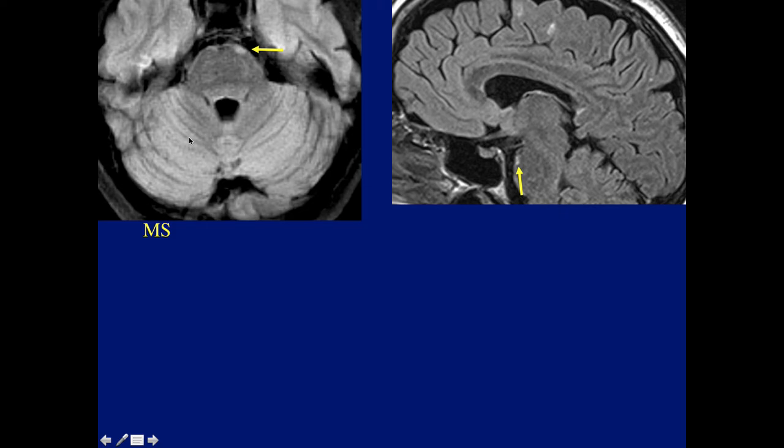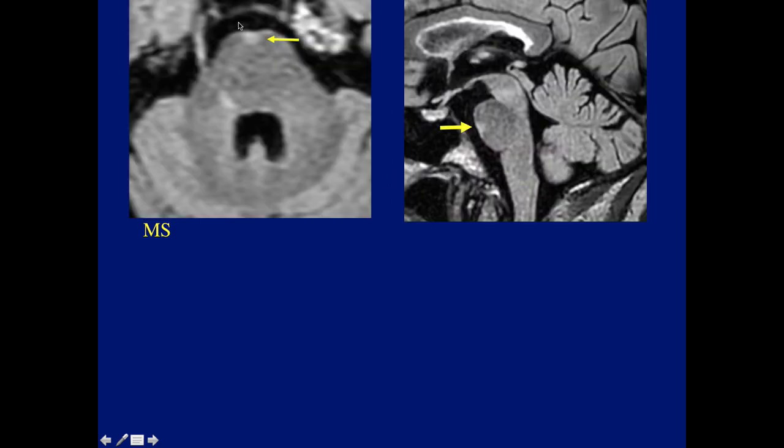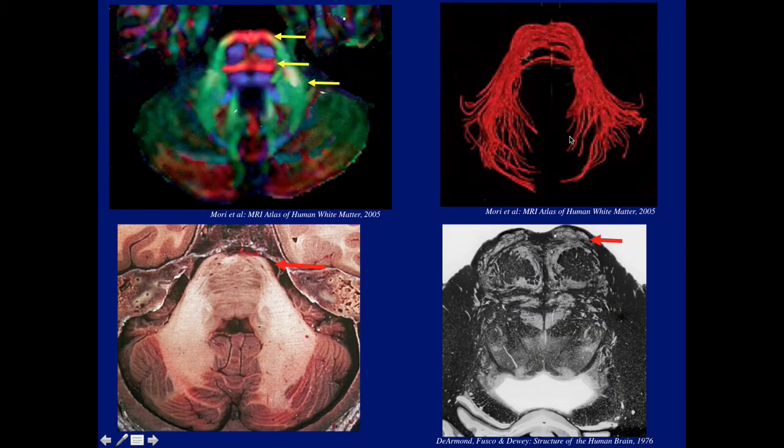Now, one of the interesting things, when I was going over this case with a fellow 2 years ago, the comment was made, why do we see abnormalities in the cortex, on the surface of the pons, when it really should be within the pons? So this is one patient, and the same finding in another patient. The reason for that is the way the fibers travel.